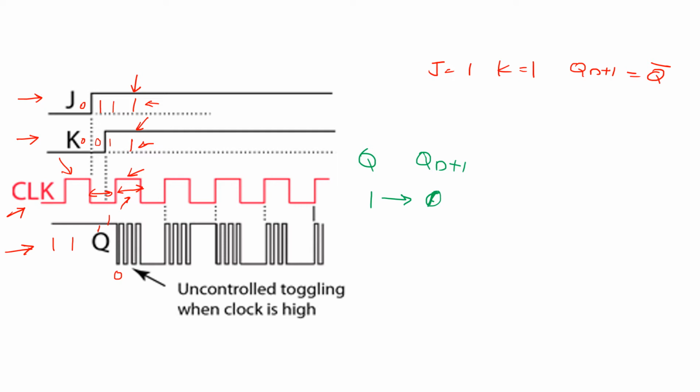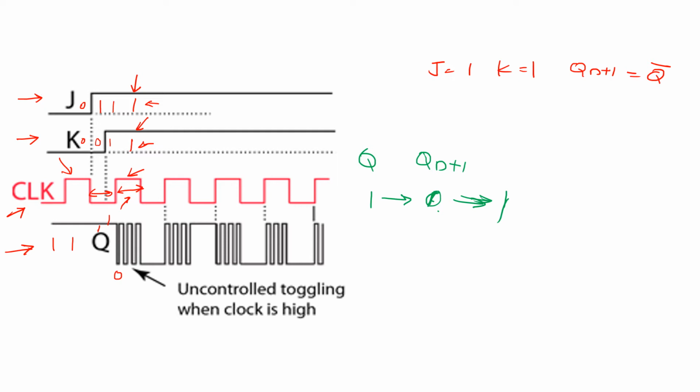So what happens? Again your output will get toggled, that means it will change from 0 to 1. This toggling will continue till the clock signal is removed.